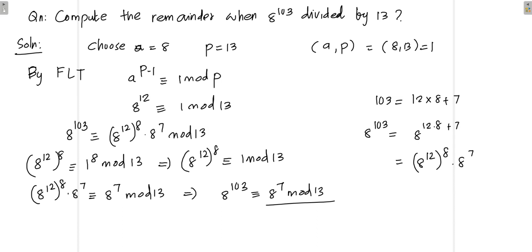ഓക്കെ, so how will we find that? 8 raised to 7 mod 13 ആണ് നമുക്ക് കണ്ടുപിടിക്കേണ്ടത്. ഓക്കെ, now 8 square is actually 64 and 64 is actually 65 minus 1. Okay, so 65 is a multiple of 13.